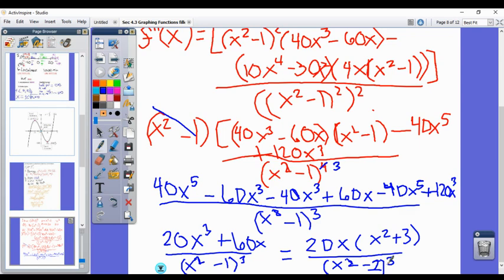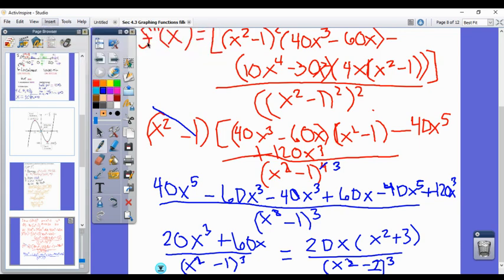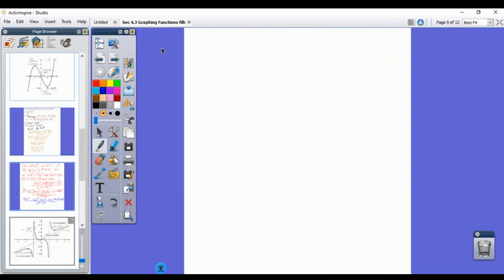So now that I have that, I'm going to find my critical points and my inflection points. So I'm going to actually add another page here, because I'm just running out of room like crazy. Okay, so step number 4 is critical points and inflection points.